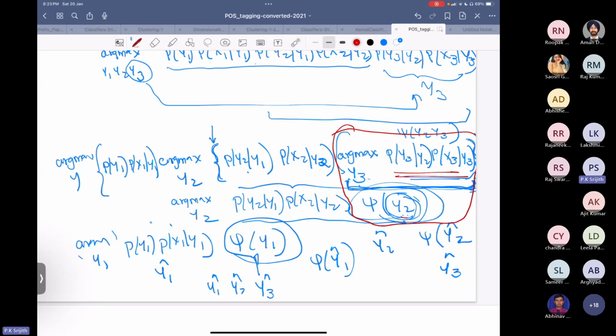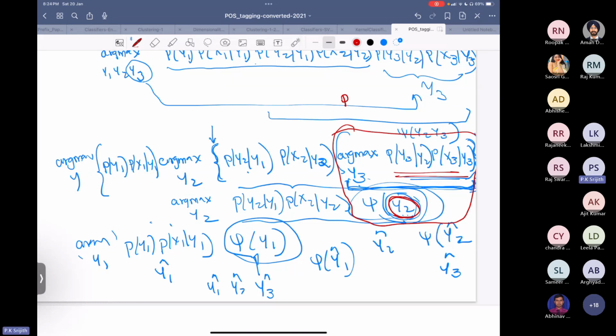For each value of y2, you need to perform an argmax over y3. According to our previous assumption, if we assume the number of possible part of speech tags to be p, then for each value of y2, I need to perform this argmax over y3.